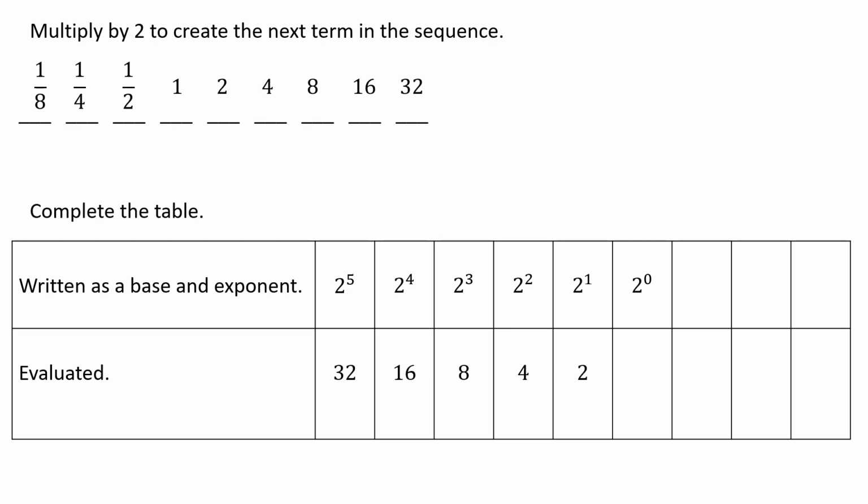What is the answer to 2 to the 0 power? Well, it's got to follow the pattern. If 8 divided by 2 is 4, and 4 divided by 2 is 2, 2 divided by 2 has to be 1.